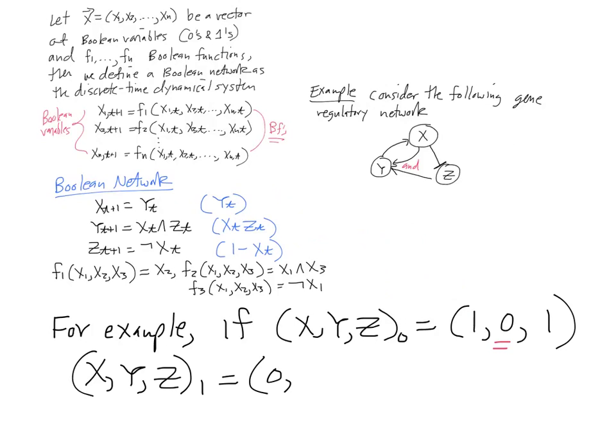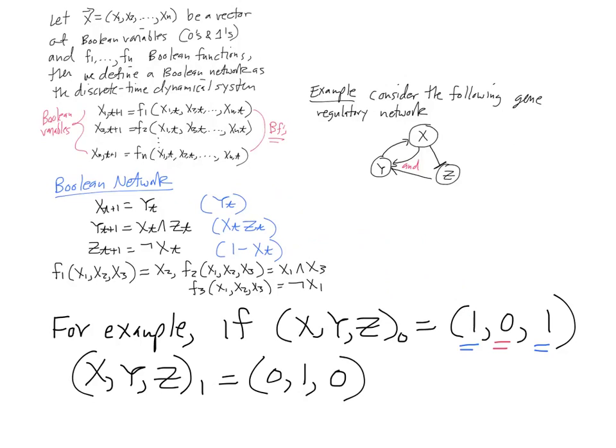Y needs x and z to be on. That's true here. So y will be on in that time period. And then z needs x to be off, which it's not. And so z is off in the first time period after the initial one.